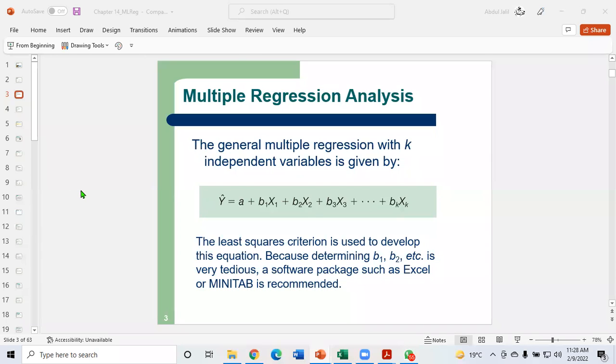Muhammad Daud, if you try to explain this equation simply, what does it show? Multiple regression is happening.